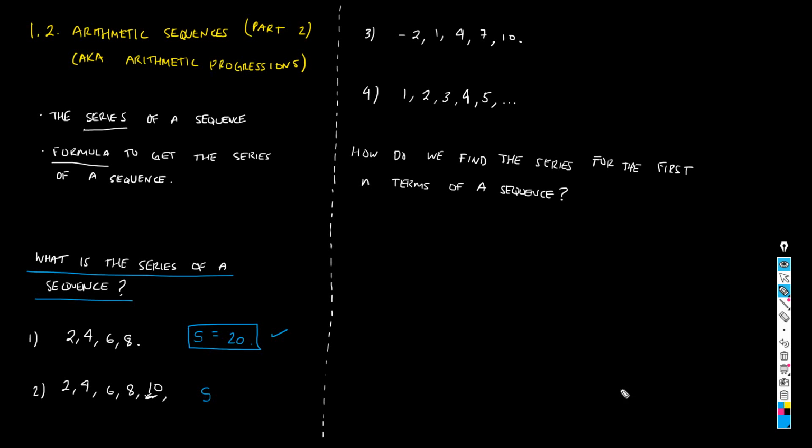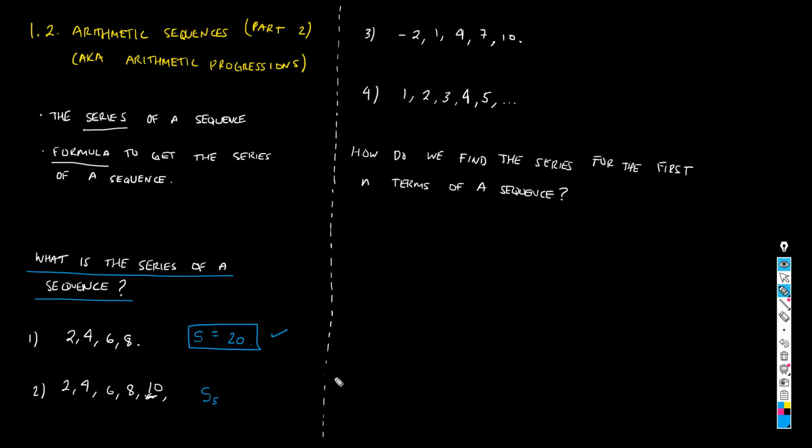And I can do that very well because it's just a finite number of terms. 2 plus 4 plus 6 plus 8 plus 10. And when you just want to get the series for a particular number of terms of a sequence, you write the symbol S, and then you write the number of terms that you are adding.